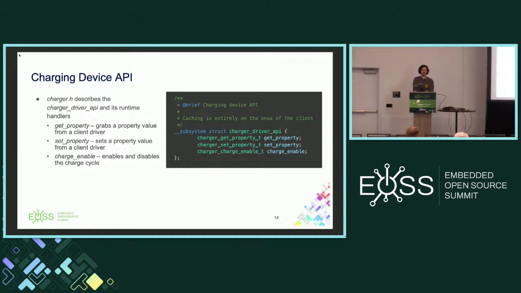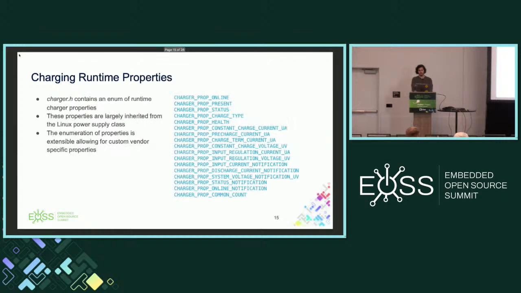There it says, caching is entirely on the onus of the client. So the online notifier was added because there's a Maxim chip, and I've seen this kind of requirement in some other vendors' silicon where using the interrupt line is required, which is not super common in Zephyr.